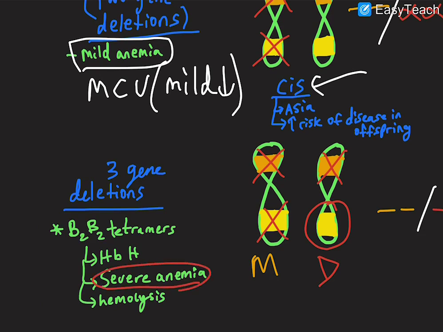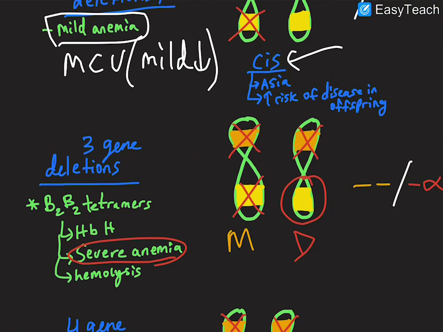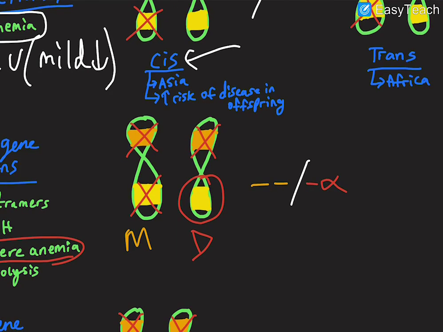Now, here's the thing. Remember, alpha thalassemia: if you delete three alpha globin genes, because you only have one alpha globin gene left that's functional, that's not enough to produce enough alpha globin chains. So if we looked at what adult hemoglobin was again, remember, we said this would come into play again.